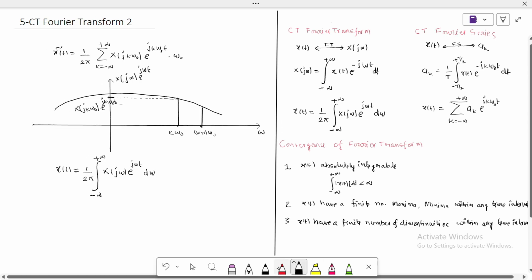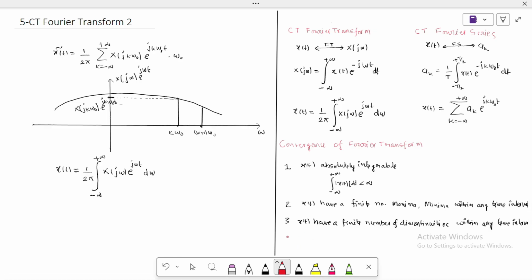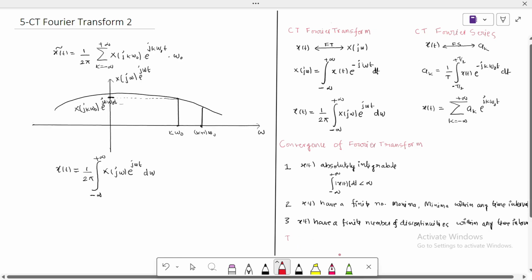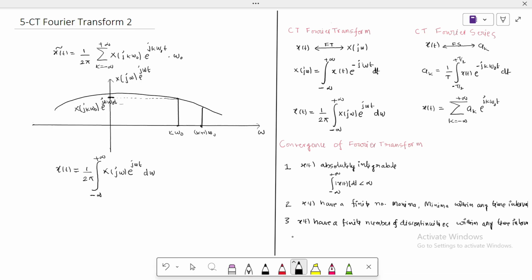So these are also called as Dirichlet conditions. You should remember this.